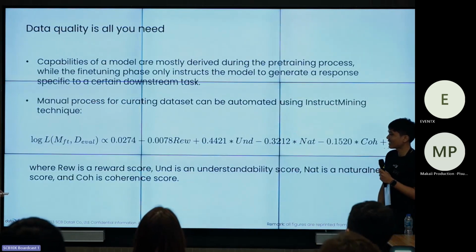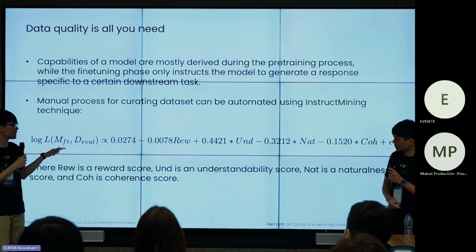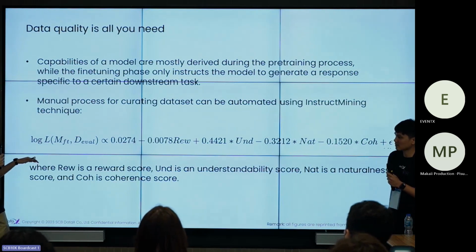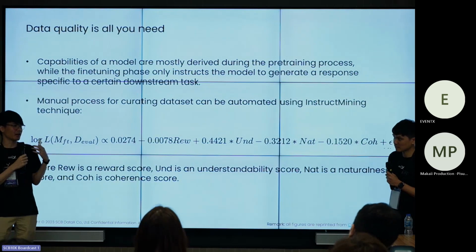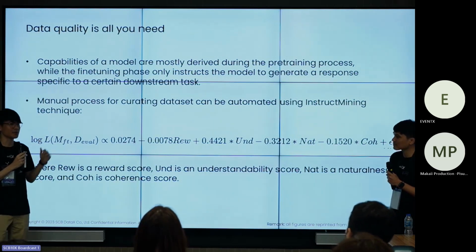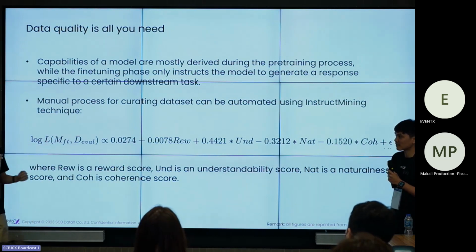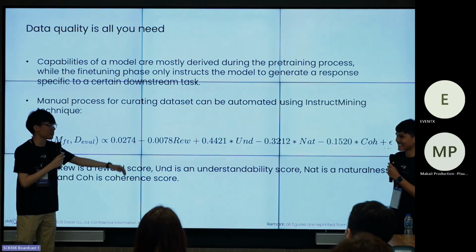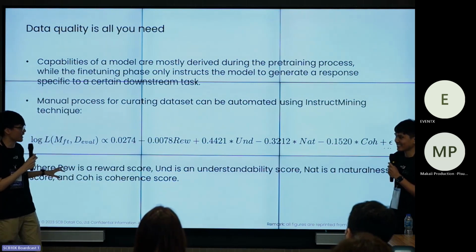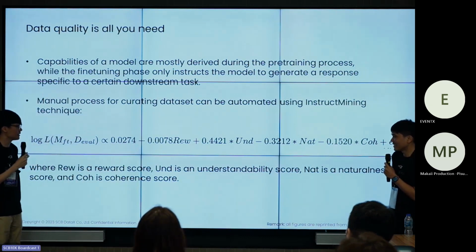So basically the idea of the instruct mining is that it tries to capture which characteristics of the data set tend to give the lowest loss when we fine tune the model, right? And this one is a proxy, so it can basically be described by this formula here.